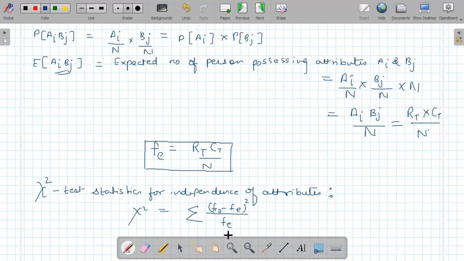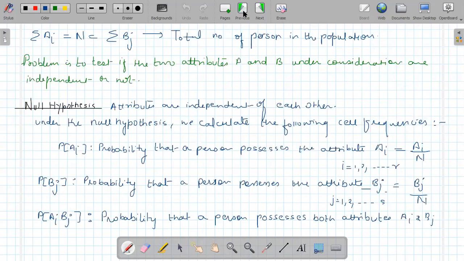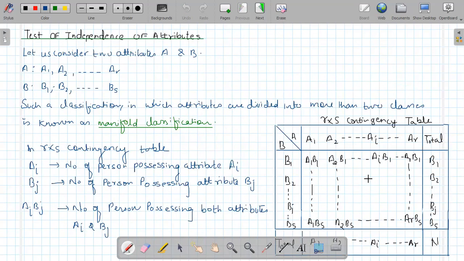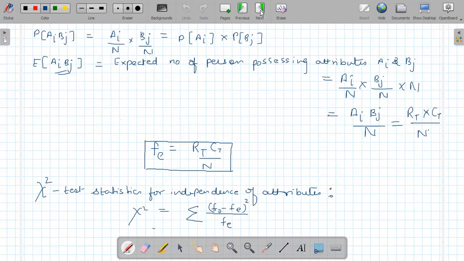Observed means the values given to us in the question. Observed values are noted through experiment or through observations. And expected means you have calculated them theoretically by using a formula or by using mathematical concepts.